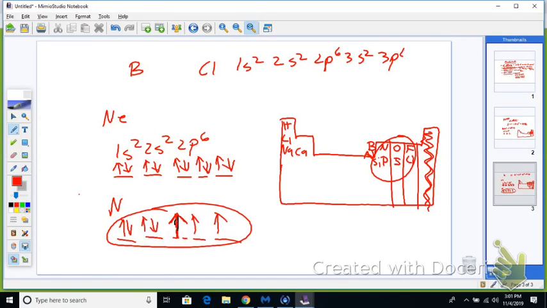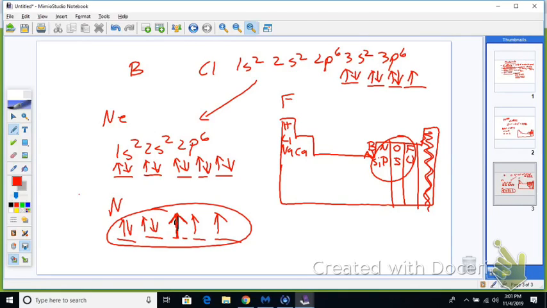And I'll just show the last one. So here's chlorine. Do you see why chlorine's really high? It only needs 1 to be like its idol, like neon. Okay?